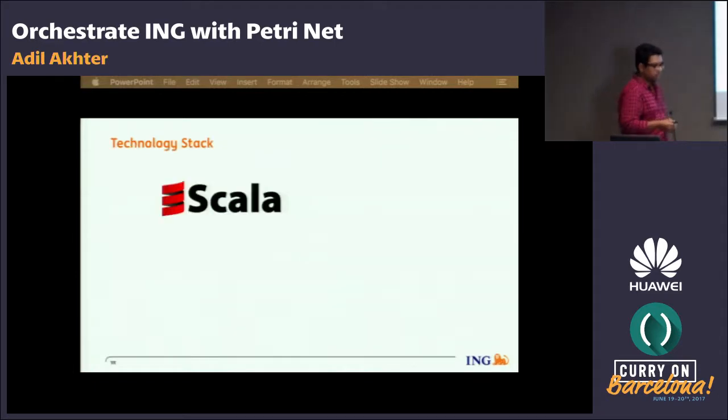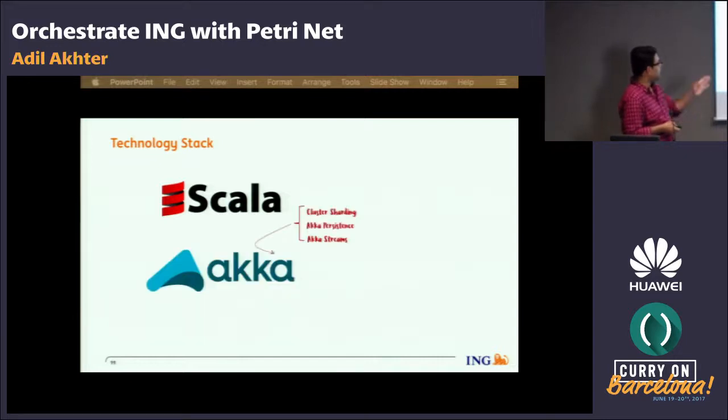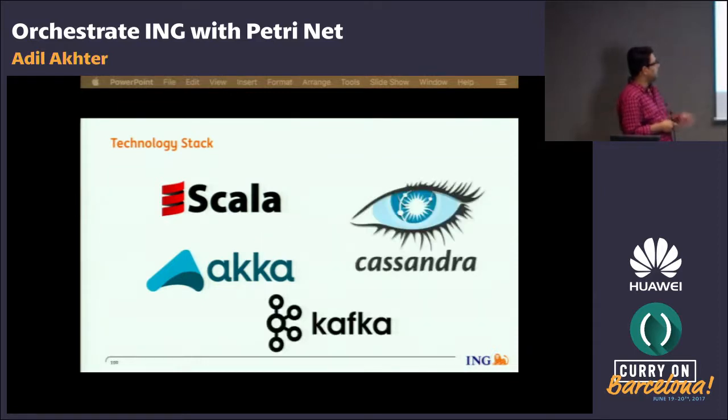If you take a look at the technology stack, we're using Scala, Akka, and all kinds of extensions of Akka, like Akka cluster sharding, Akka persistence for event sourcing, and Akka Streams for processing all different kinds of events. And in production, we're storing the data in Cassandra. And for the event processing, or getting events from outside of the system, we're using Kafka as well.